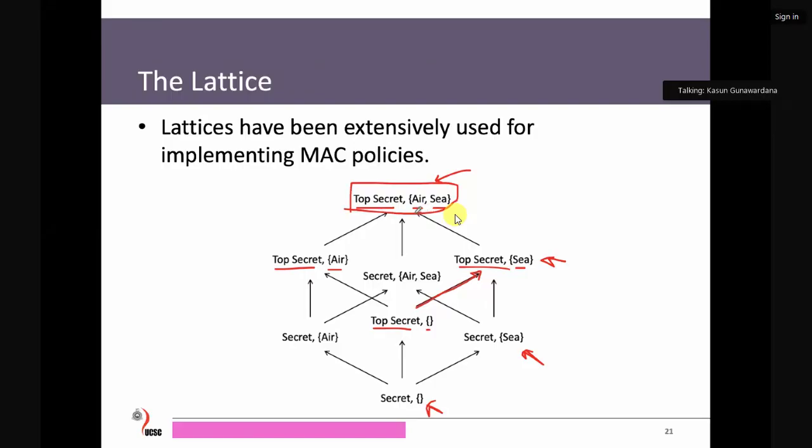So I will be able to refer to all the inferior resources: top secret C, top secret empty, top secret A, right? And at the same time, secret level data or resources are also inferior to me. So I will be able to access all the inferior data, right? That is how we represent these concepts in a lattice structure.